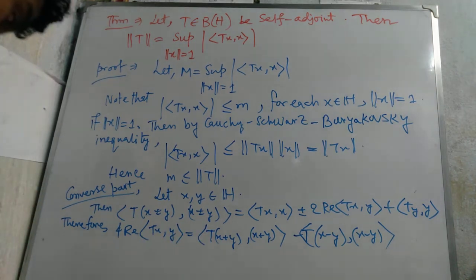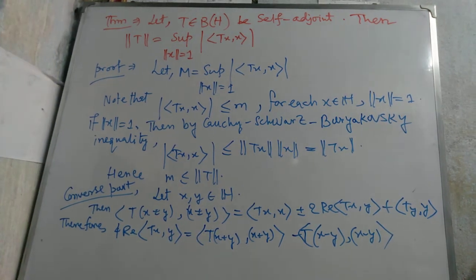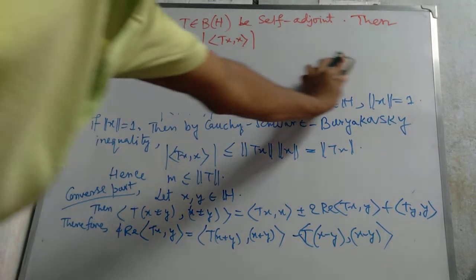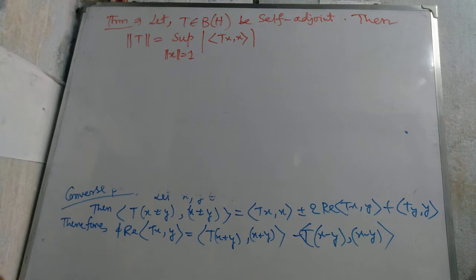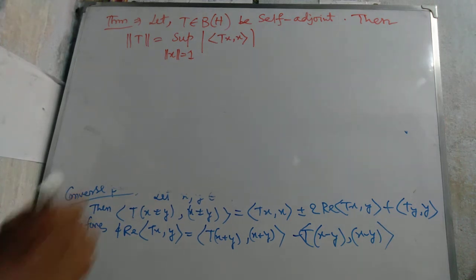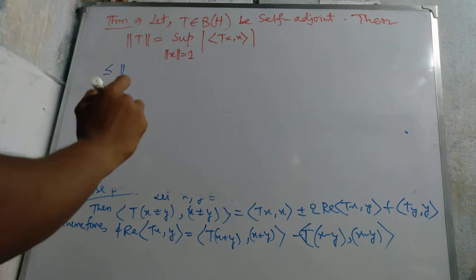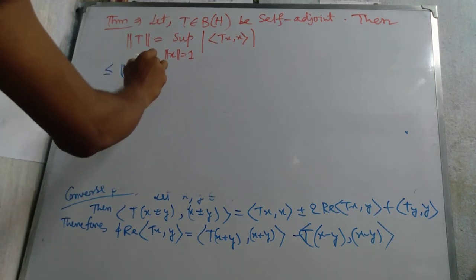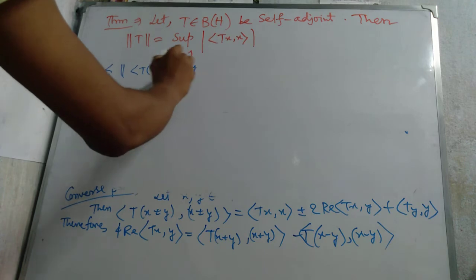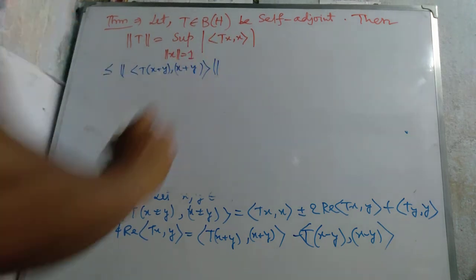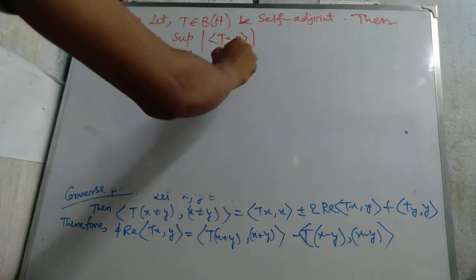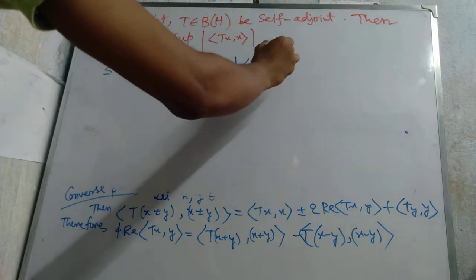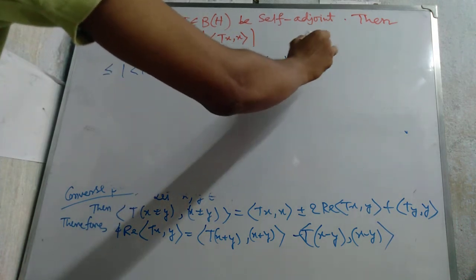Then this is less than or equal to, we write it above, this portion. Then this is less than or equal to the modulus of the inner product of T(x plus y), x plus y plus the modulus of the inner product of T(x minus y), x minus y.